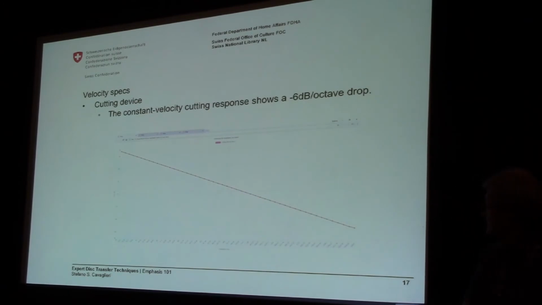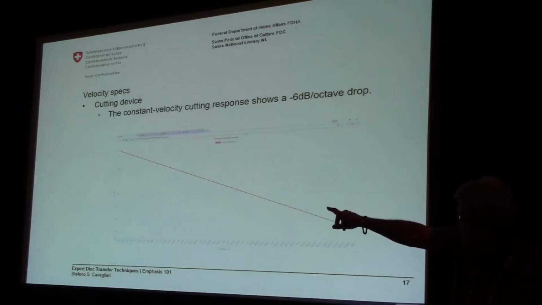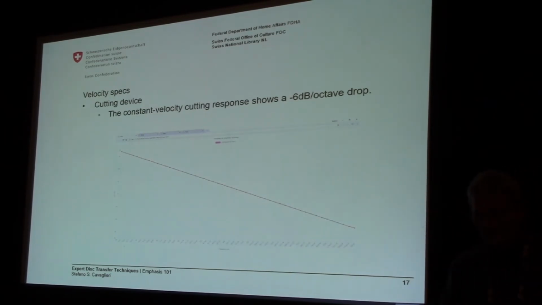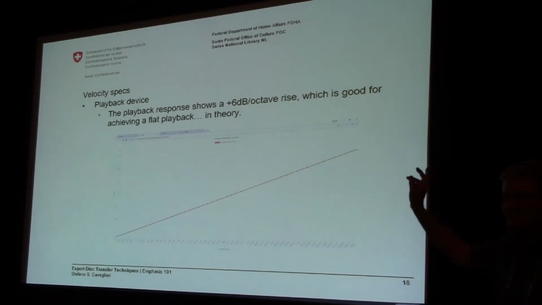Let's have a look at the response. This is the theoretical response of a cutting device which needs or produces a very high amplitude on the low frequencies and goes down to the high frequencies. You see the 6 dB octave drop. When we use a playback device which is velocity sensitive, it does exactly the opposite.